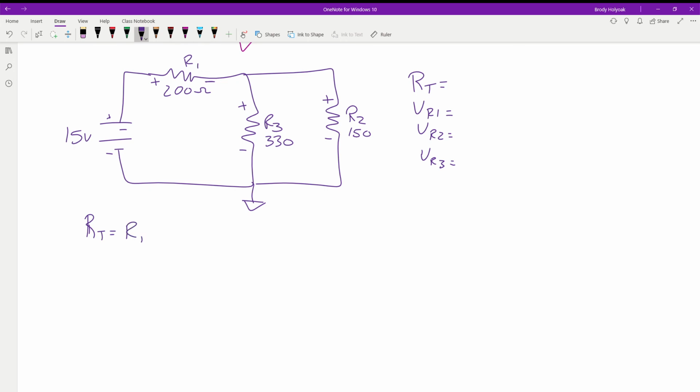So we have R1 in series with R2 parallel with R3. So again, we can solve for this equivalent resistance by using our parallel laws. Product over the sum or sum of reciprocals, either way it doesn't matter. Depending on what calculator you're using, it might be easier one way or the other.